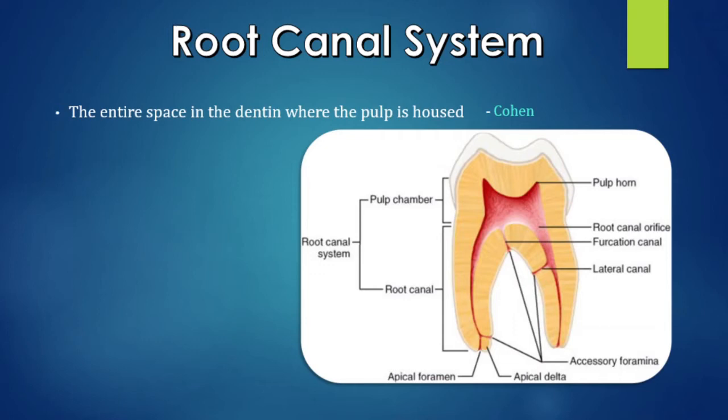We can see how we have lateral canals or furcation canals, and also we may have accessory foramina, apical foramina, and apical delta. So when we do a root canal treatment, we are not treating the canal itself, we are treating the entire complex.